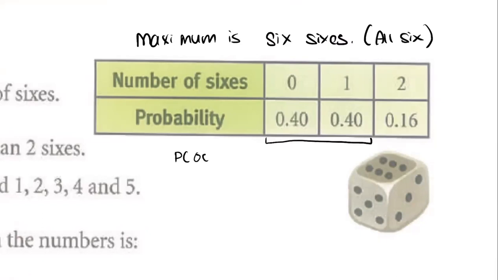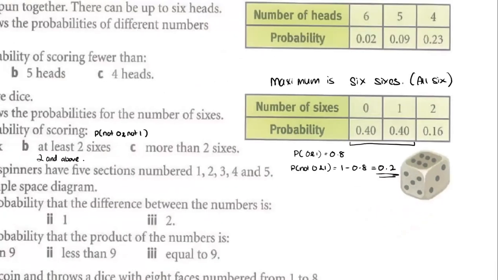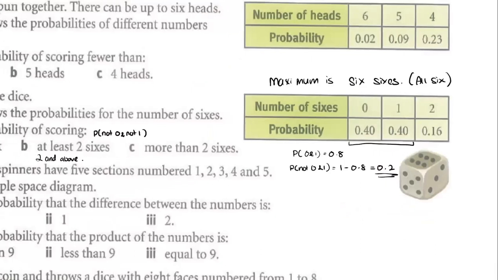Probability of 0 and 1 is equal to 0.8. Probability of not 0 and 1 is equal to 1 minus 0.8, 0.2. All right. And then more than 2 6s. More than 2 means 3, 4, 5, and 6.